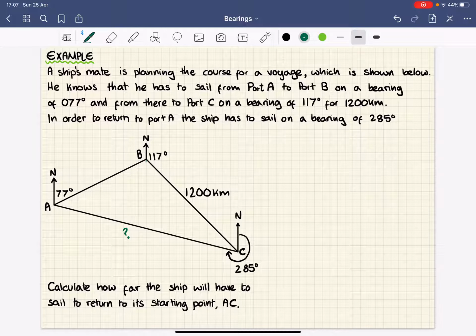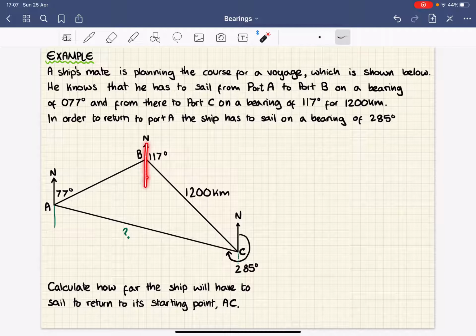So to start off with, one really key important thing with these types of questions is if you take the northern line and extend it a little, you can sometimes get a little bit more information from it. Now, I can't really do much here because I've got these two splitting lines coming off with the northern line. However, here, where this line splits down, I know the total angle on this line is going to be 180 degrees because it's angles on a straight line.